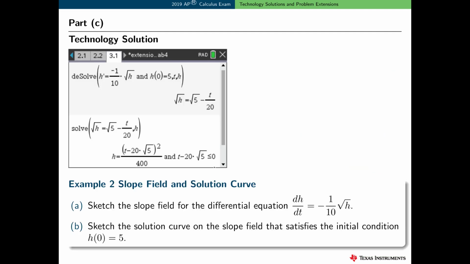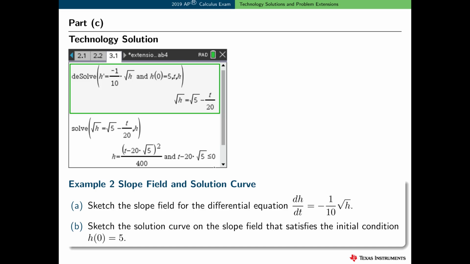Here is a technology solution for part C. The TI-Nspire has a built-in function to solve differential equations, called deSolve. The arguments here are the differential equation and the initial condition, the independent variable, here t, and the dependent variable, here h.